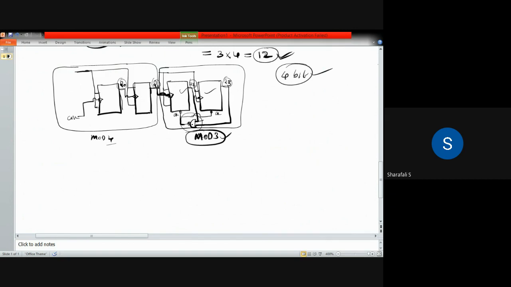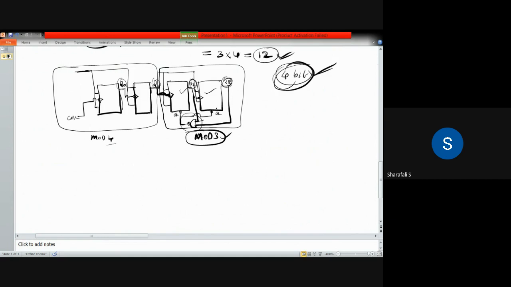So this Q2, Q3 value will be changed to 0, 0 again once it reaches the 12th position. We did that in the last class. So this is just like that 4-bit asynchronous case, but it will stop at the 12th state. Only up to 11 it will go, and then it will come back to 0, 0.